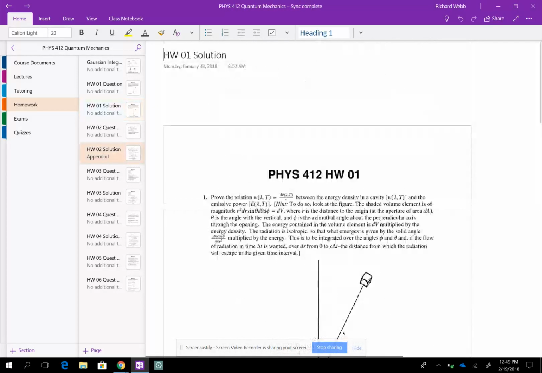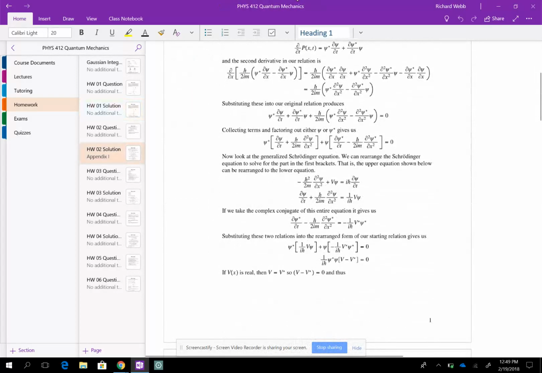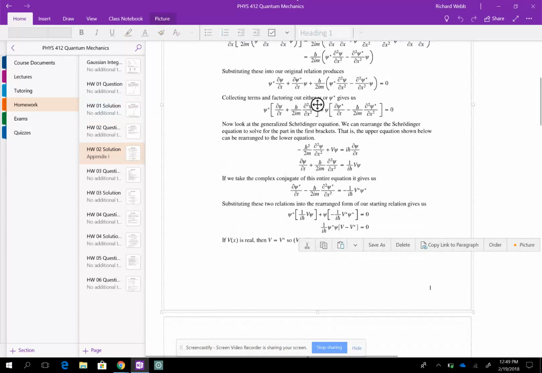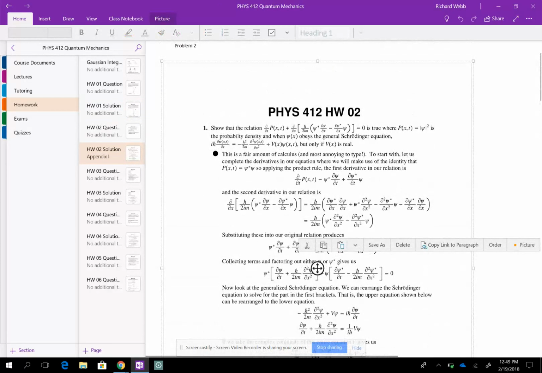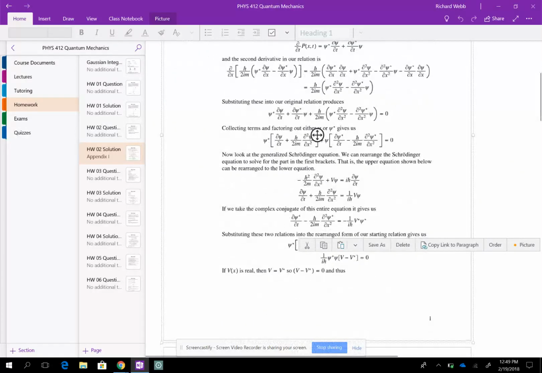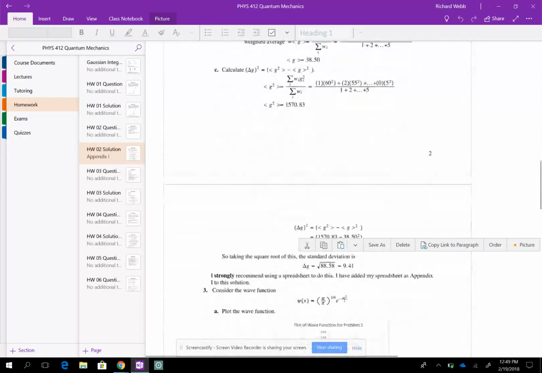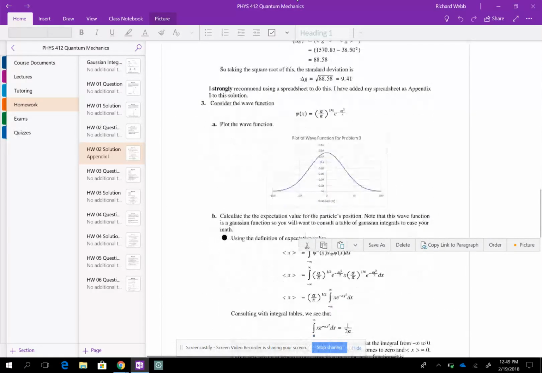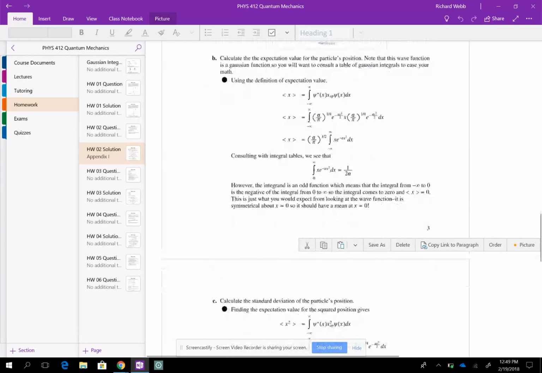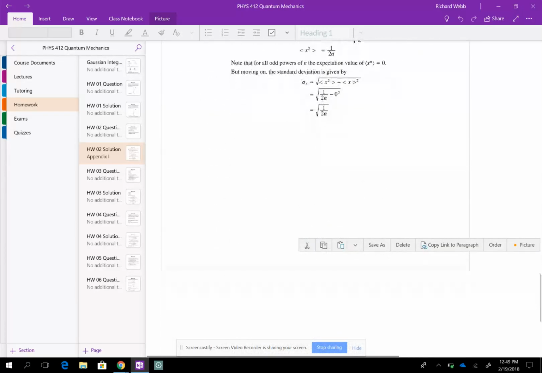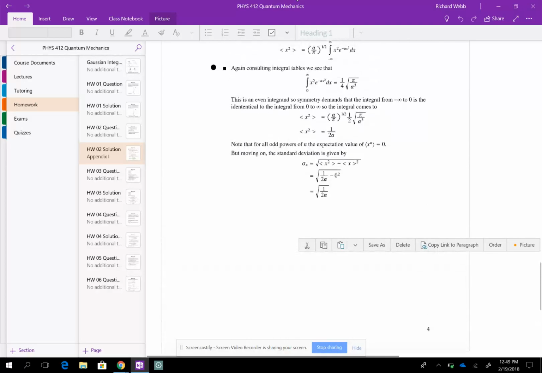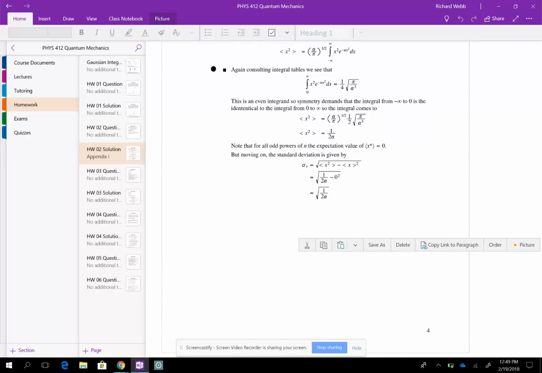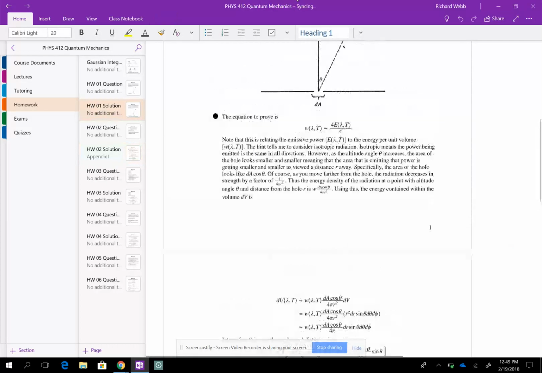The second actual one is... Consider this wave function. No, not that. Was it the first one? No, because the first actual one was just the one where I gave you the solution.